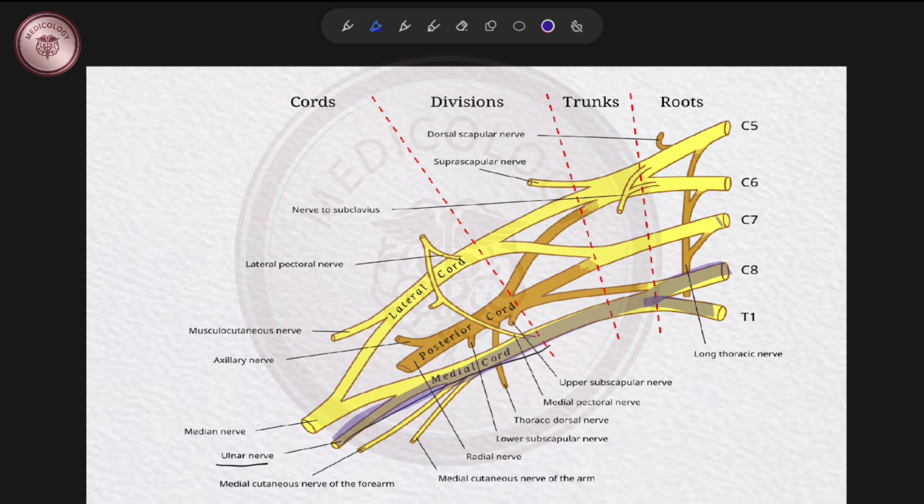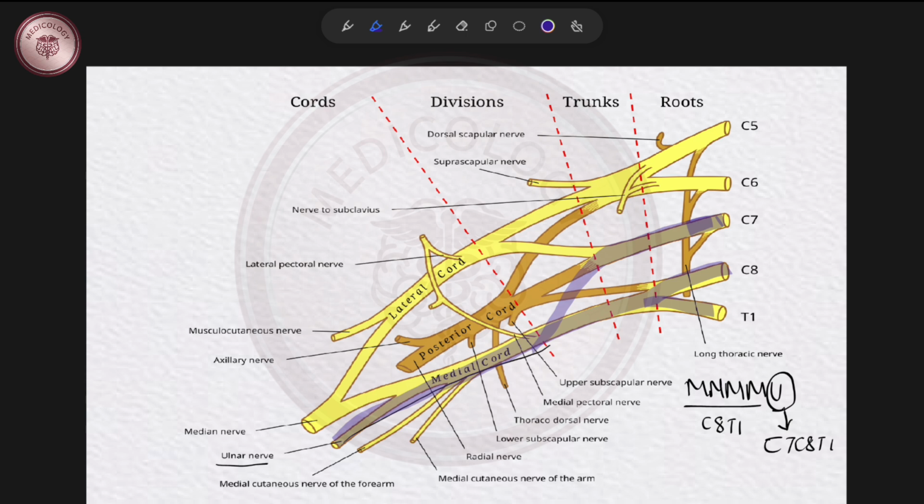There is an exception, I told you in the video of the brachial plexus, the mnemonic M4 and U. All of the four M's have root value C8 and T1, except U, which has the root value C7, C8 and T1. So the root value is C7, C8 and T1.